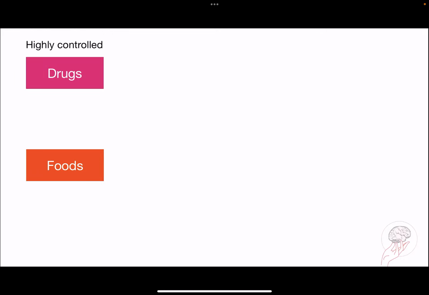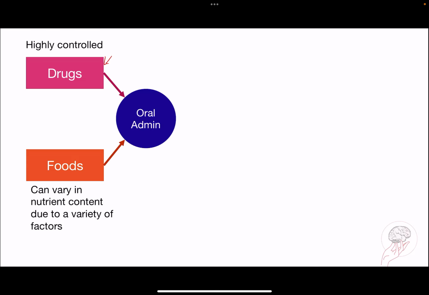So we have drugs. These are highly controlled. You can't just go anywhere and buy a drug that isn't illicit usually. But foods can vary in nutrient content due to a variety of factors. And in fact, with drugs, every pill you take should be exactly the same as all the other pills. But with foods, the content of nutrition can vary between foods.